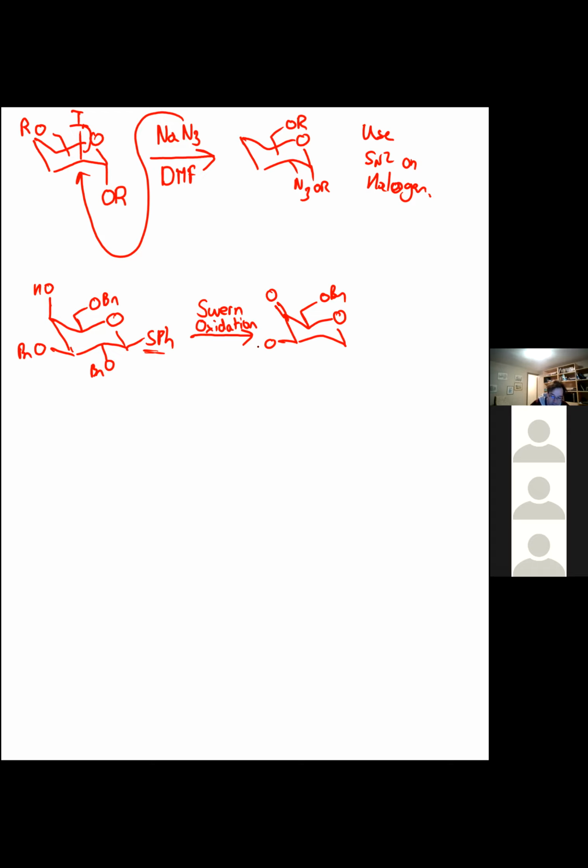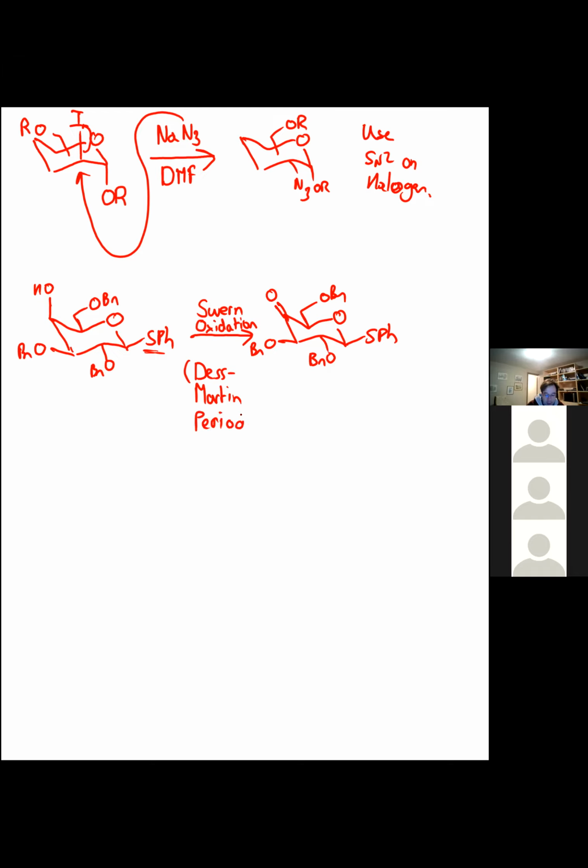You could also use a bunch of different reagents. I'd be happy with a lot of them. I'm not going to go through all of them. But I think Swern is something you should be aware of. The other one that you might want to know would be Dess-Martin. I don't think, again, the assignments are where the questions are coming from for the exam, so there's no surprise. I'm not hinting at anything here.